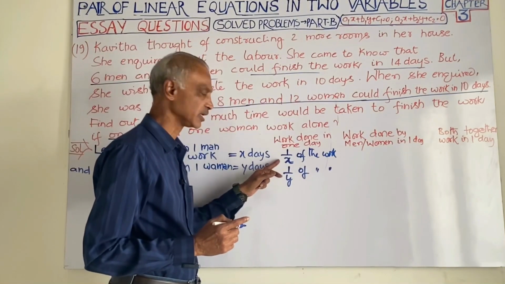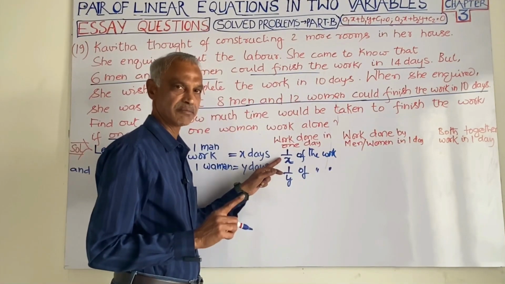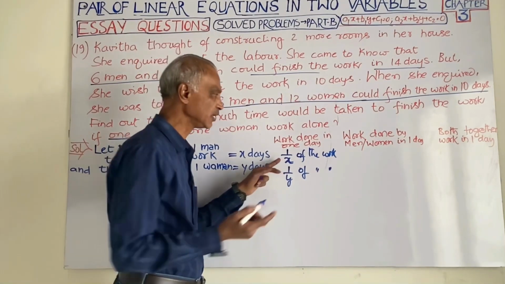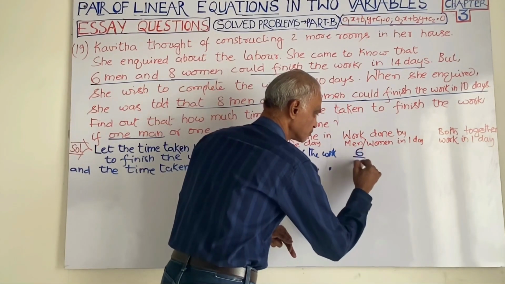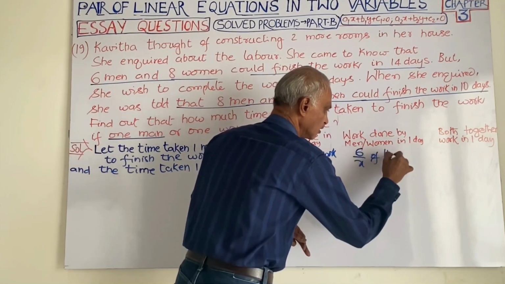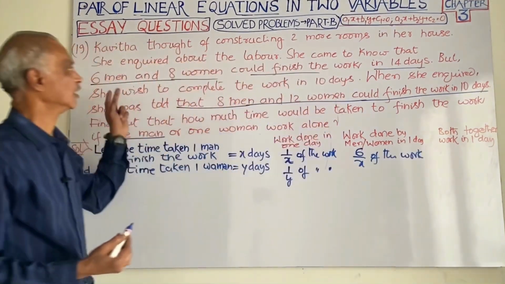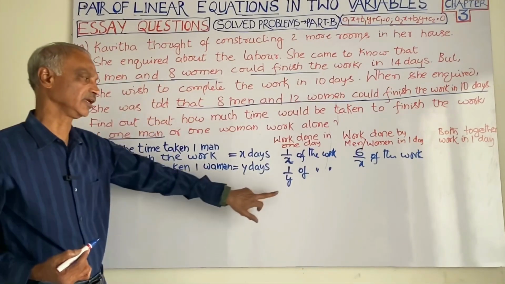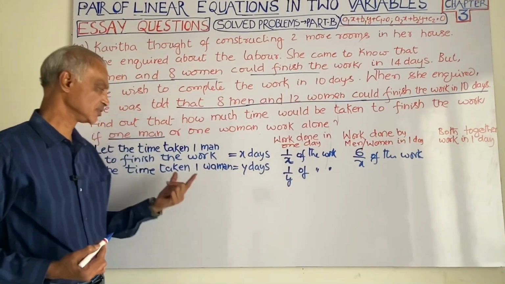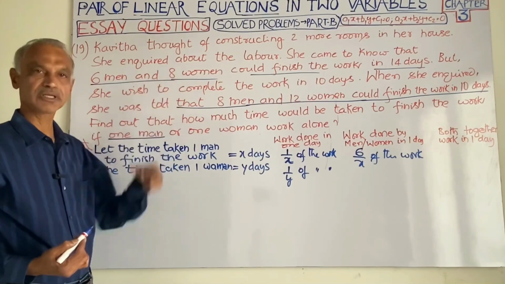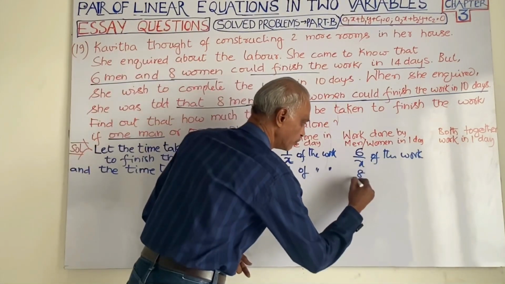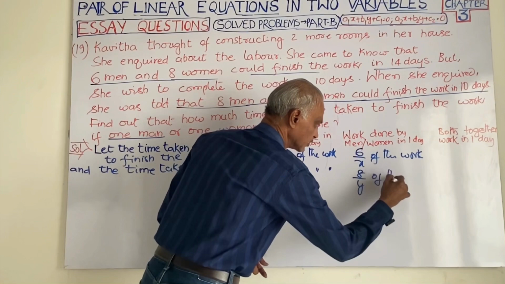In 1 day, 1 by x of the work a man can do. By 6 men, how much work? 6 by x of the work. 8 women can do 8 by y of the work.